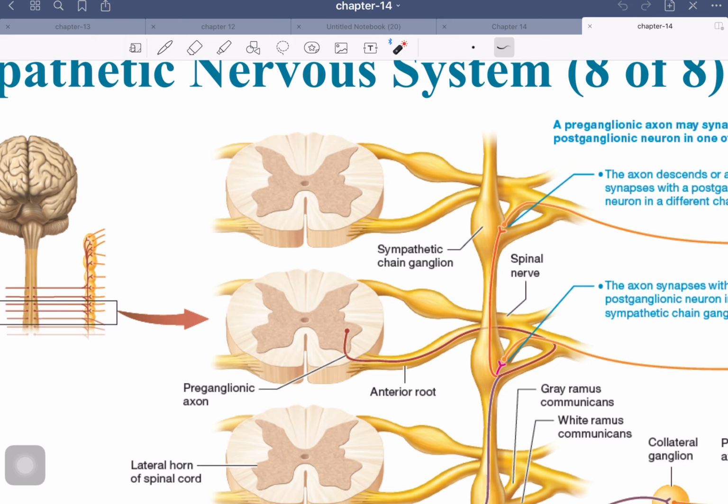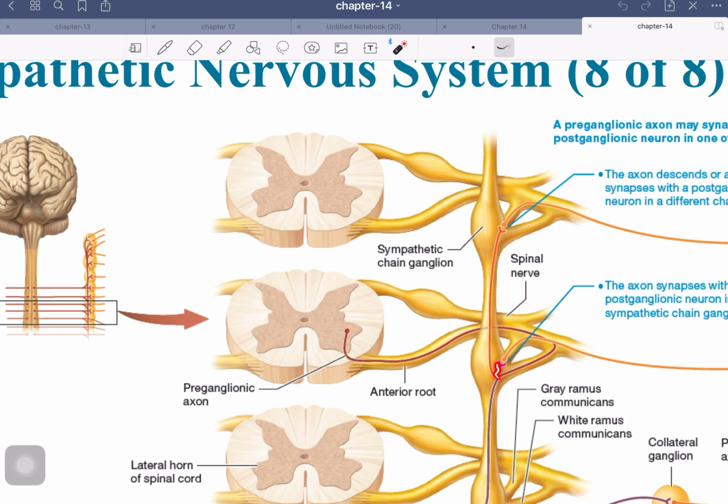ganglia. Now remember the concept that we need a preganglionic fiber and a postganglionic fiber. We need both these neurons to go from the spinal cord to the target. And once again, the options to get this synapse completed: the simplest thing is that the sympathetic fiber comes off, takes the white ramus, because it's a myelinated fiber, into the chain.